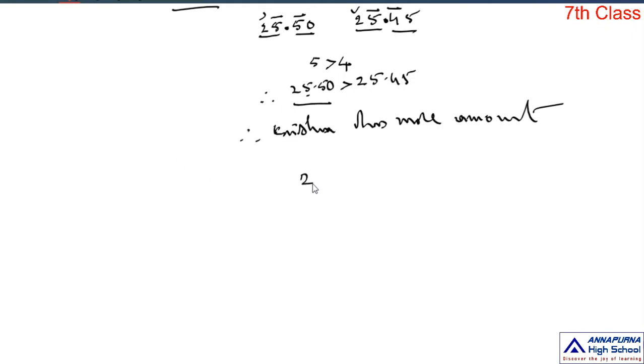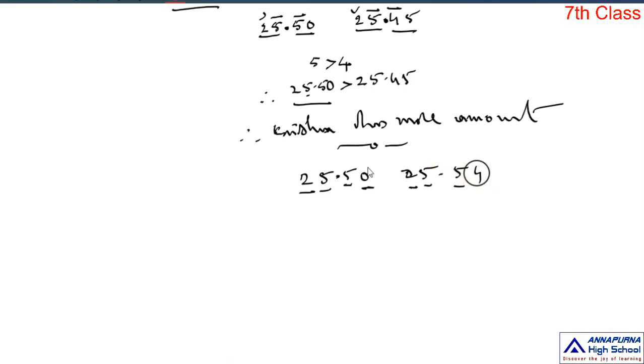Suppose here 25.50, and 25.54. Let me do one more. Here the digits in the tens and ones are equal, and we compare the digits to the right of the decimal point. The digit in the tenths place is also the same. Then you compare the digit in hundredths place.